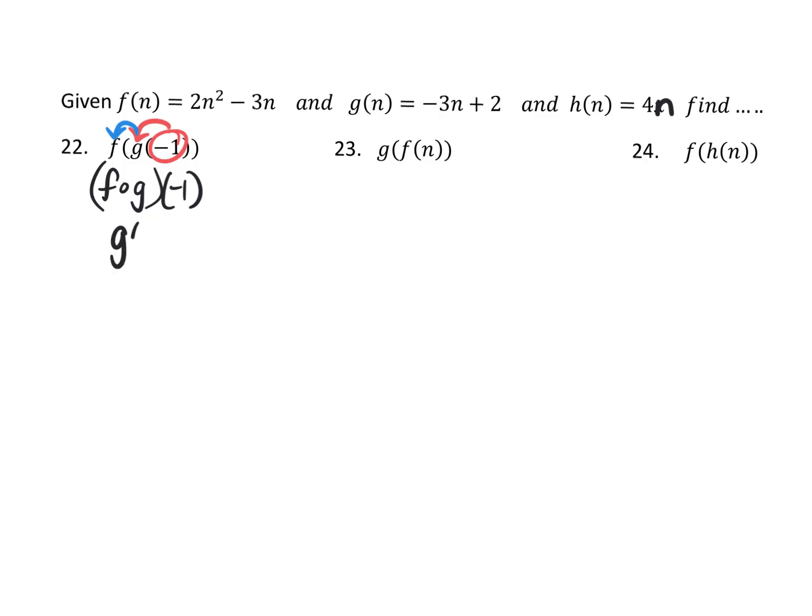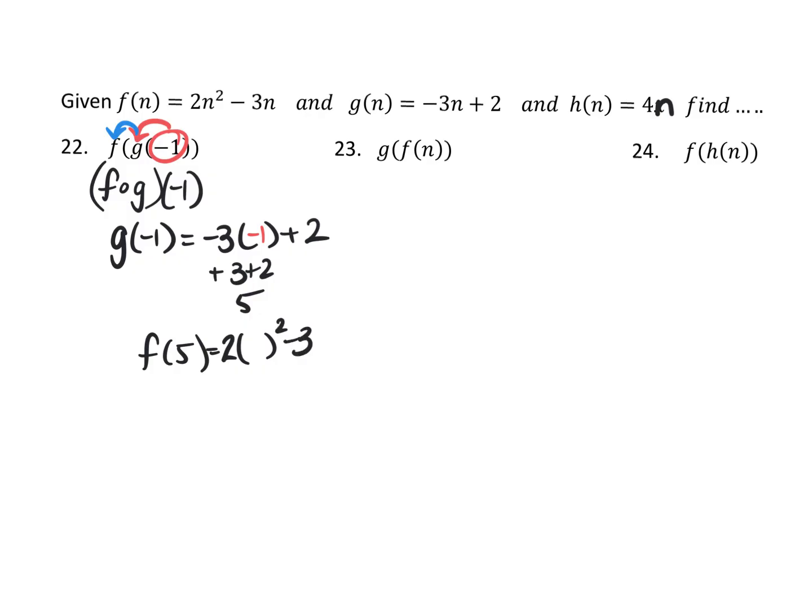So we're going to start by finding g of -1. g is -3n plus 2. I'm going to plug in -1. Positive 3 plus 2 is 5. Now I'm going to plug 5 into f. That's 2n squared minus 3n.